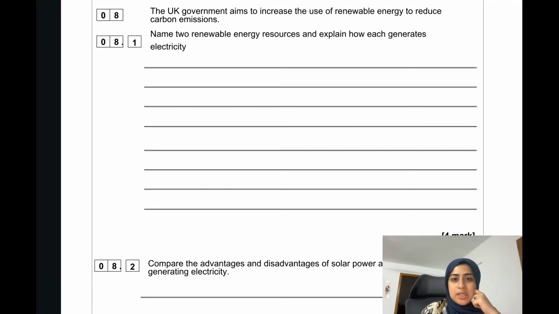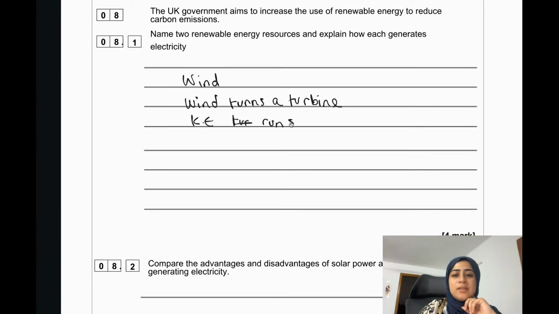So advantages and disadvantages, include them as well. And when you're explaining for each of them, you start, with wind for example, by saying the wind turns a turbine, and then the kinetic energy runs a generator, which converts into electrical energy or electricity using the generator.